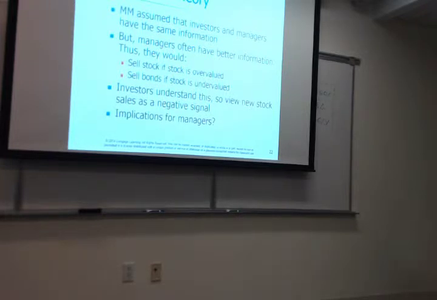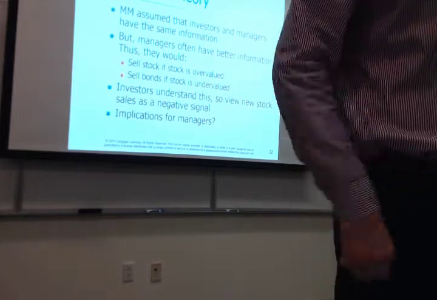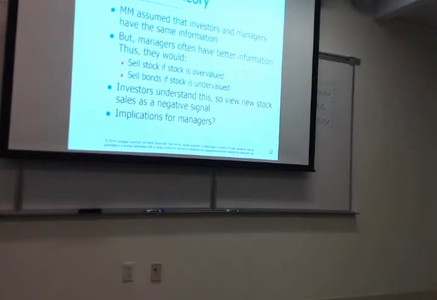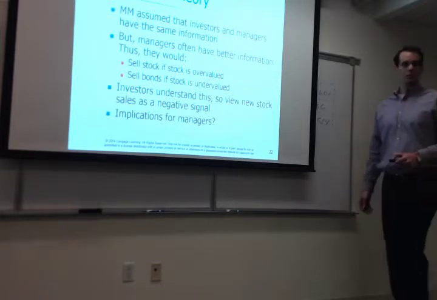So, given all that, what would the managers do? Do they want to have that discussion with this investor who says, why did you signal the market that my stock is overvalued? Now it's crashed as a result of that huge stock issue you did. So what might managers do instead if they need cash?